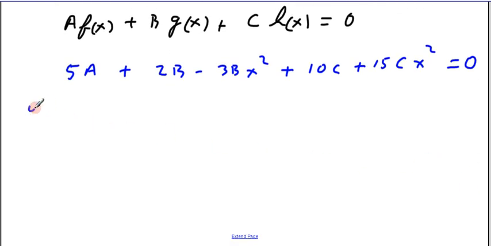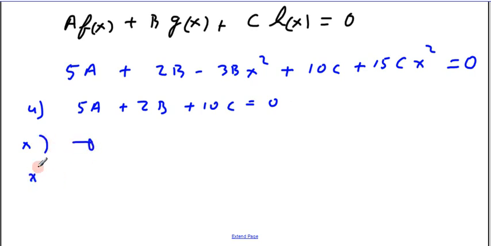Well, if I look at the unit term, I see that 5a plus 2b plus 10c has to be 0. If I look at the x term, I see nothing because I have no x's. If I look at the x squared term, I find that minus 3b plus 15c has to be 0.